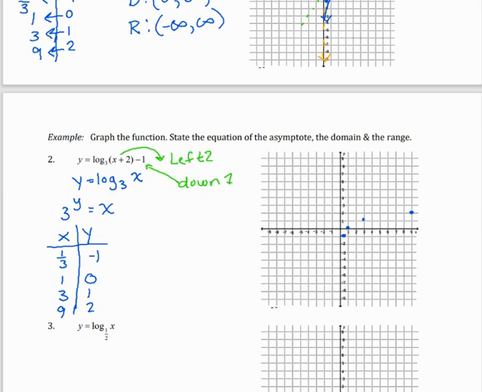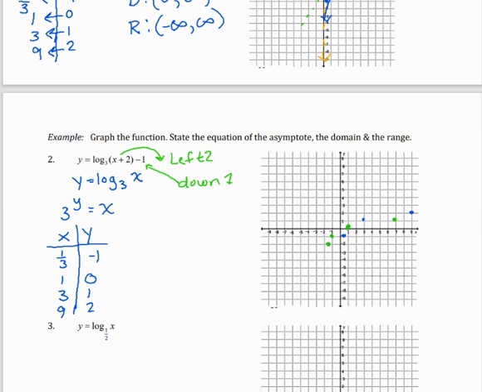So I'll take the point (1/3, -1), move it to the left 2, and go down 1. I'll take the point (1, 0), move it to the left 2, and down 1. I'll take the point (3, 1), move it to the left 2, and down 1. That brought me right to an old point. And I'll take (9, 2), move it to the left 2, and down 1.